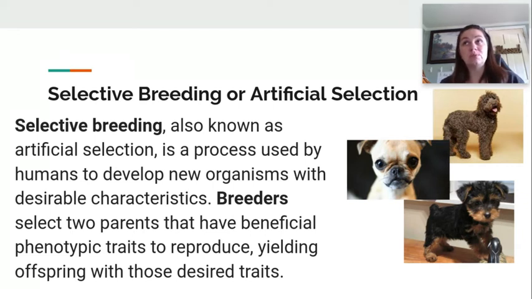Sometimes breeders will breed animals so much, trying to keep them in the same bloodline, that they have something called inbreeding. And inbreeding typically causes a lot of problems because some of the recessive traits that aren't necessarily present with one set of parents may become present further down the line.